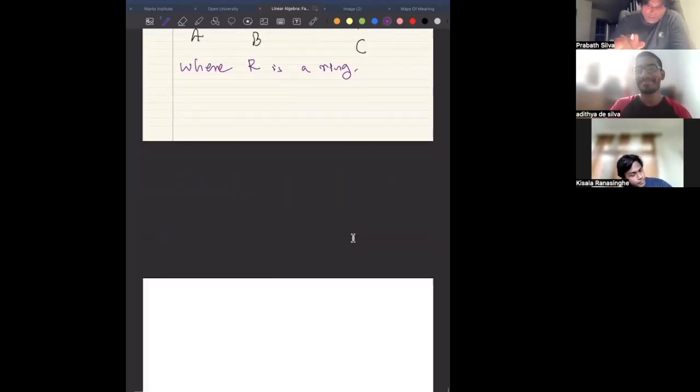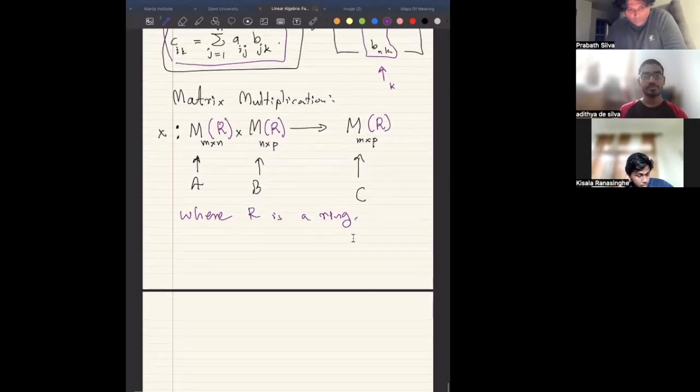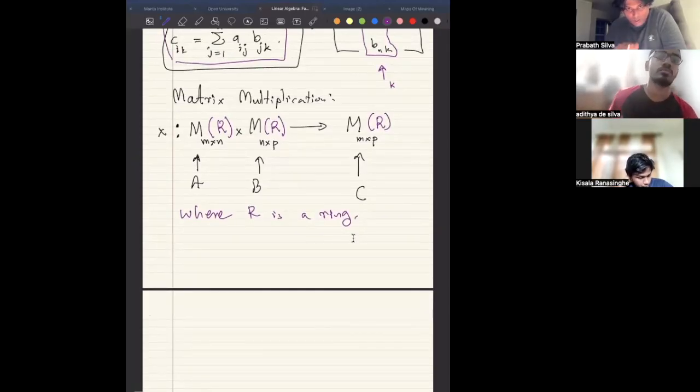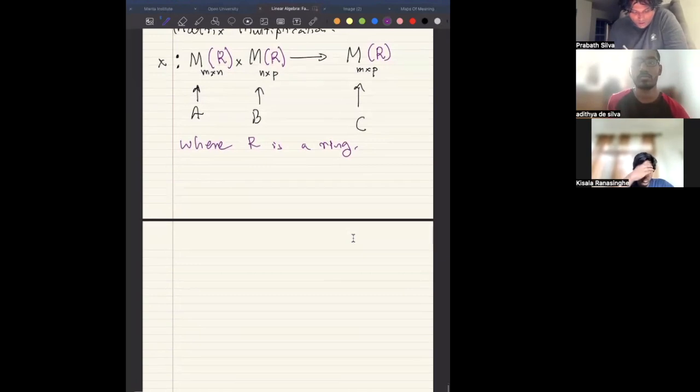Okay, so next, properties of matrix multiplication.